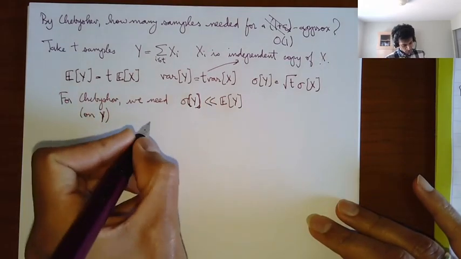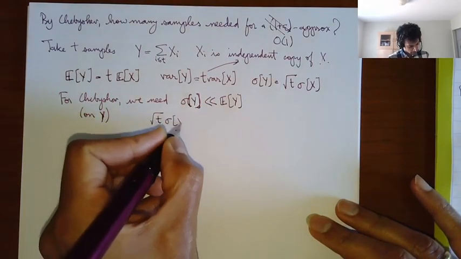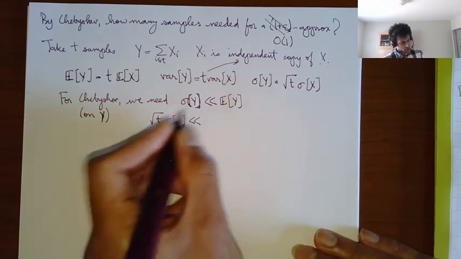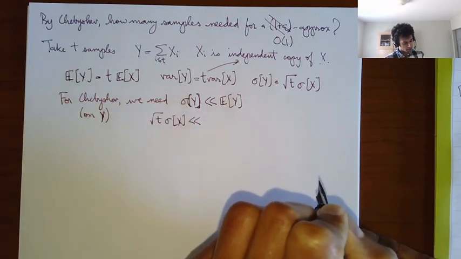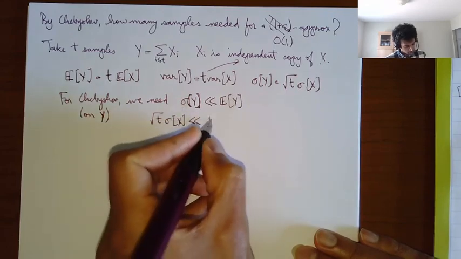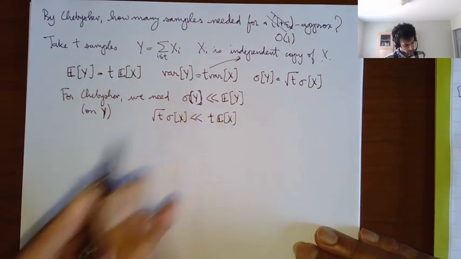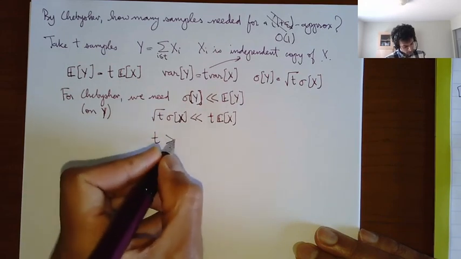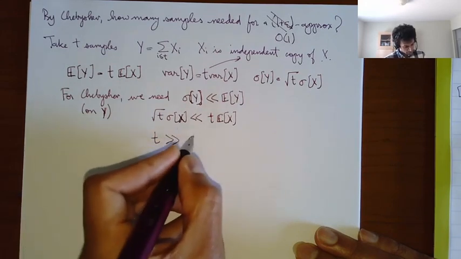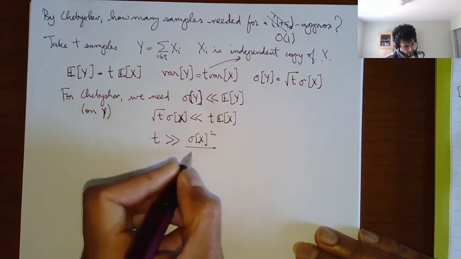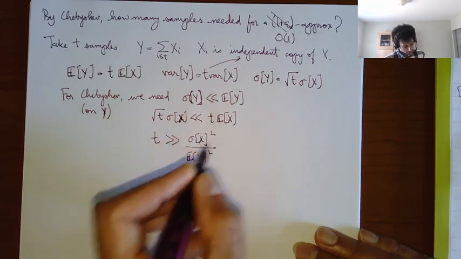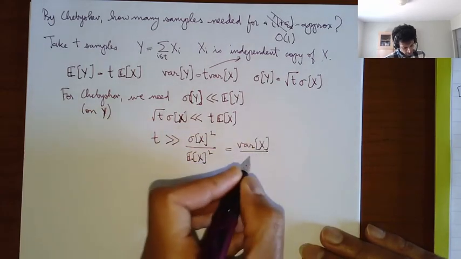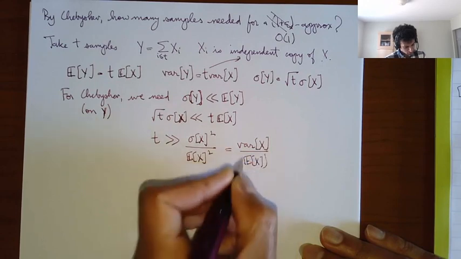And we've seen this calculation over and over again, but let me do it again. The expectation is T times the expectation of X. And so what we need is for T to be at least essentially sigma X squared divided by the expectation squared, which is just the variance of X divided by the expectation of X squared.